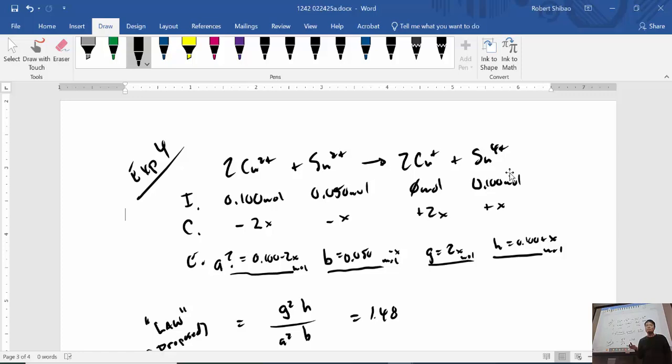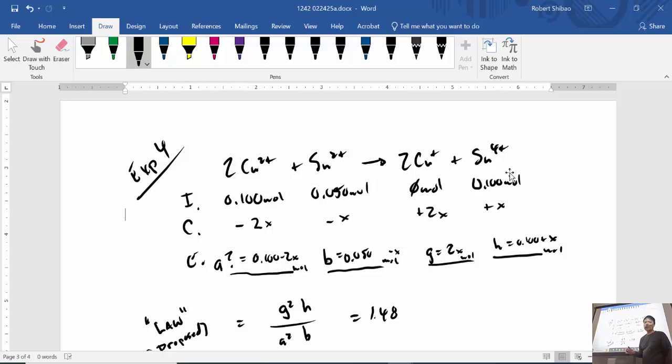And so what do you want to guess as your first x? I probably wouldn't guess 0.05. If I guess 0.05, then that means that all of this reacts. All the tin would react. Actually, I better not guess 0.05 because that would get this to 0, so that means all of it reacts. But we know this is a partial reaction.